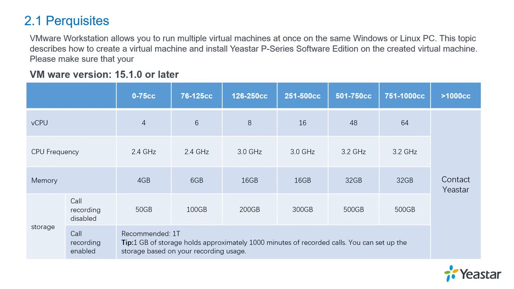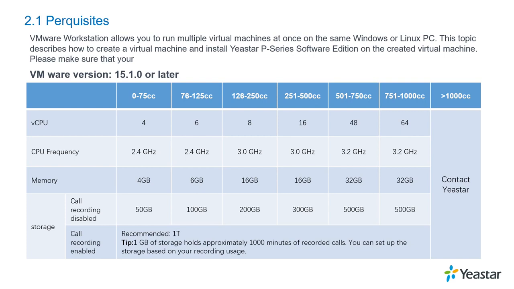If you want call recording, you will need to make sure you got 50 gigs. If you enable the call recording, we recommend you get prepared with 1 terabyte of storage for the recording. So this is very important.